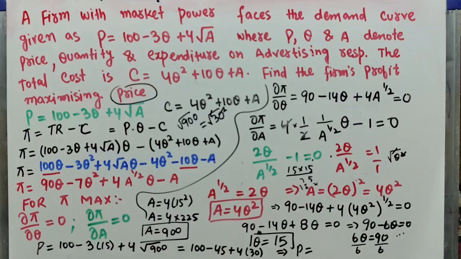So P will be equal to 100 minus 45 plus 4 times 30, which is 120.